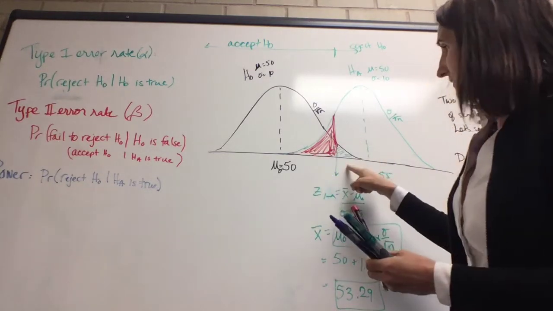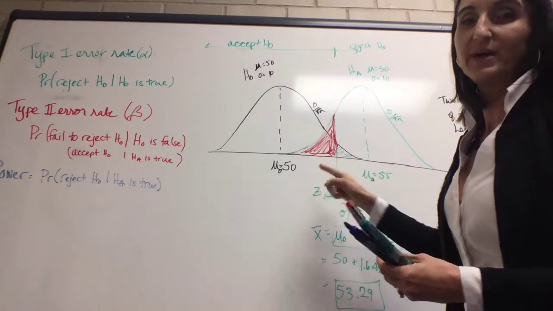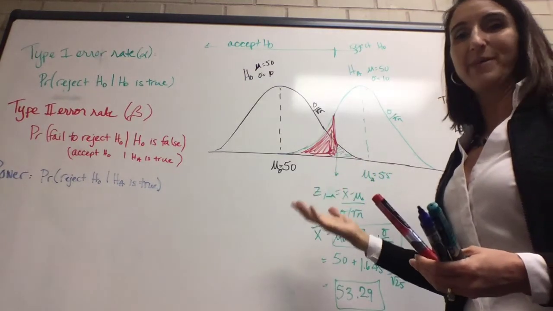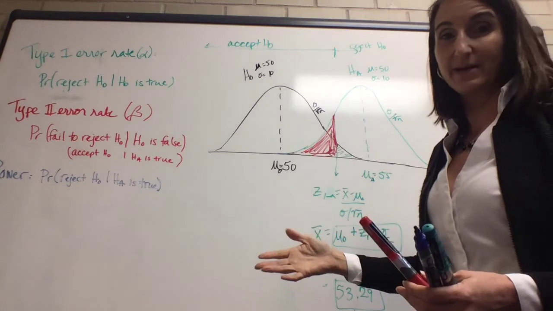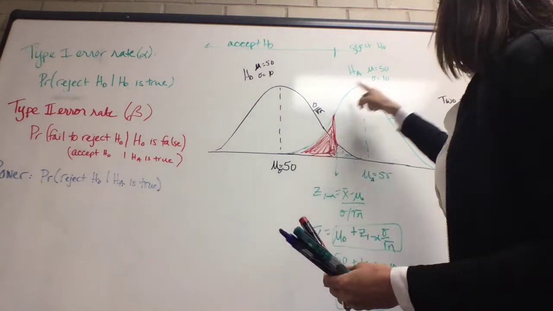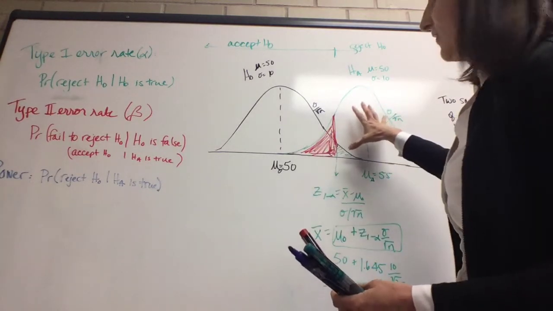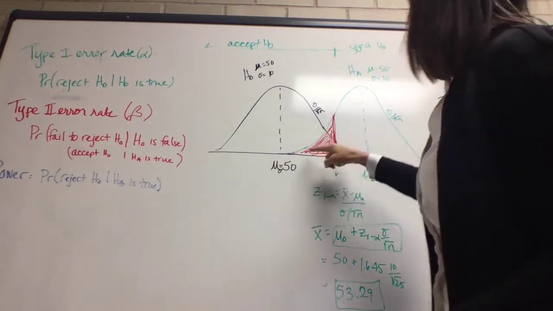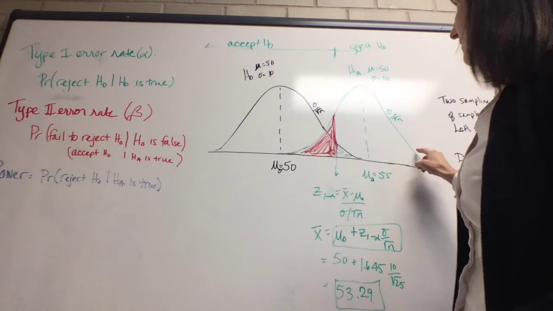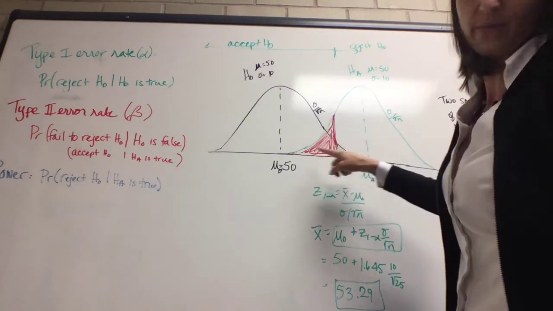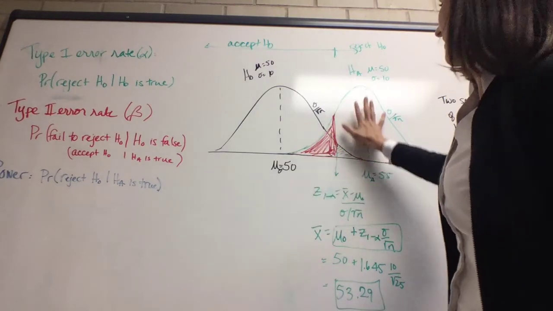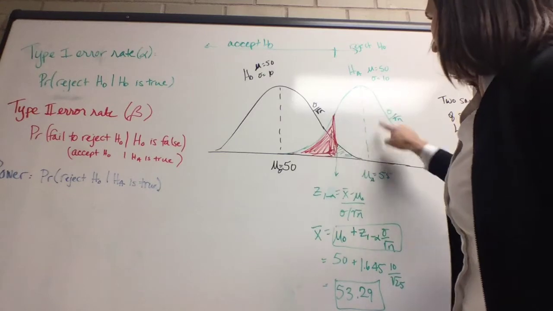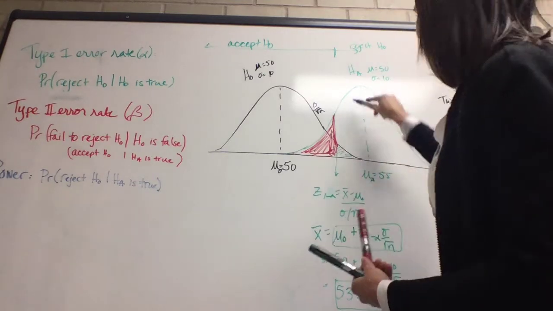Okay, so alpha is in green, beta error is in blue, and then of course we know that power is 1 minus beta. So here's 1 minus beta, so it's going to be all this area. Or we can look at our definition here: given that HA is true, what's the probability that we're rejecting H naught? So it's all this area, this part in blue, or I didn't color it in blue.